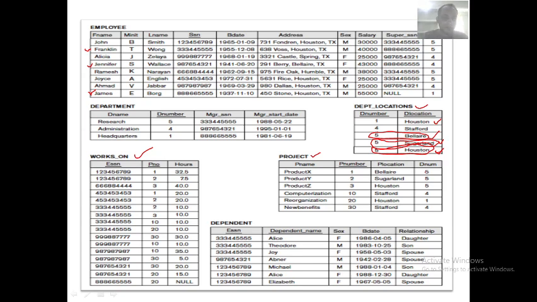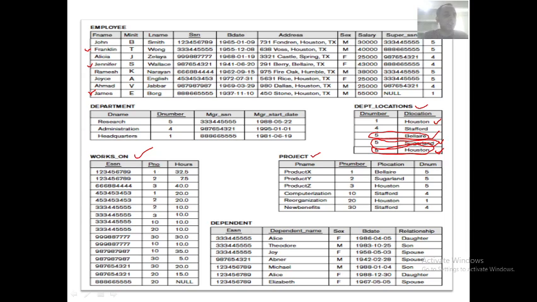Now, works on. This works on is again an entity type. Now, ESSN: which employee is working on which project number?